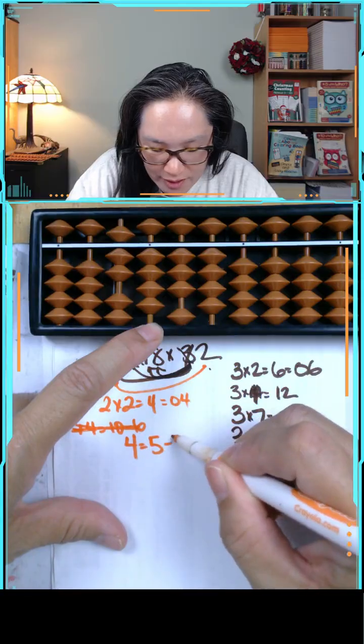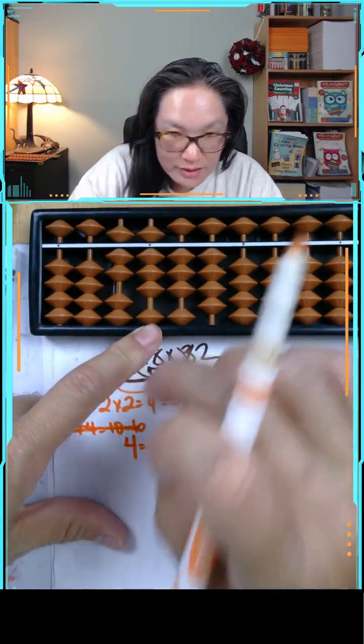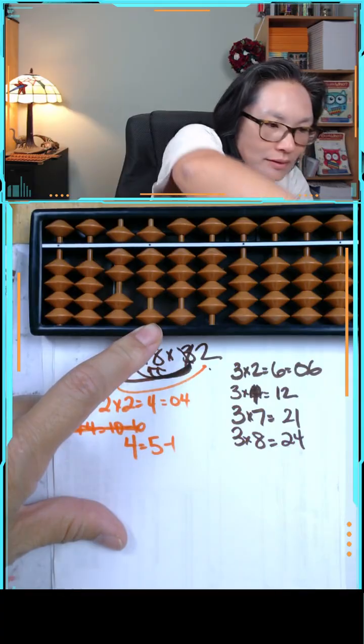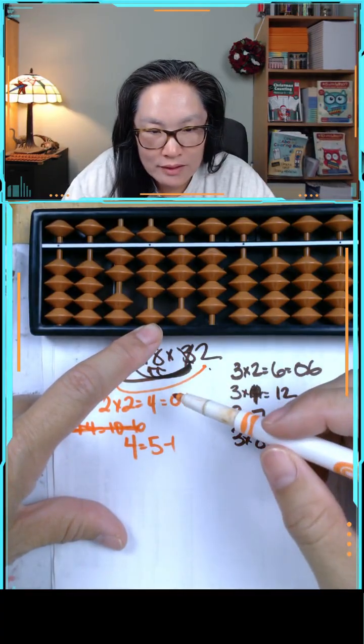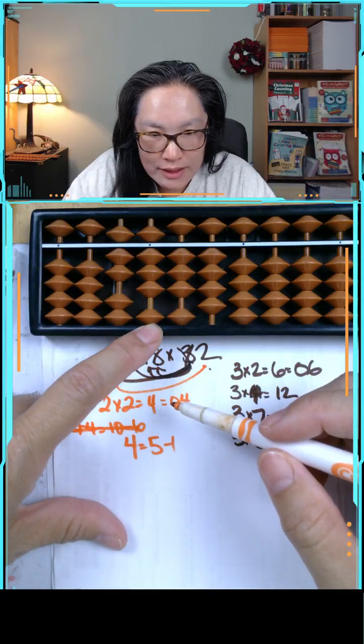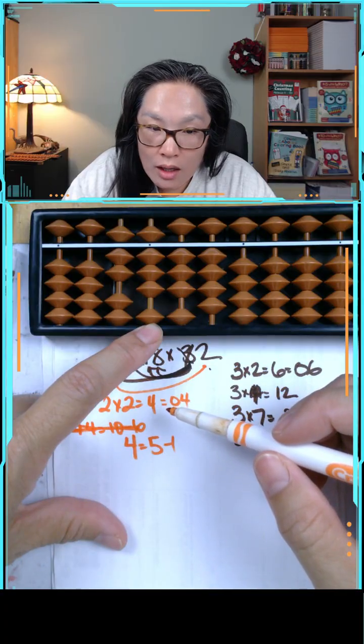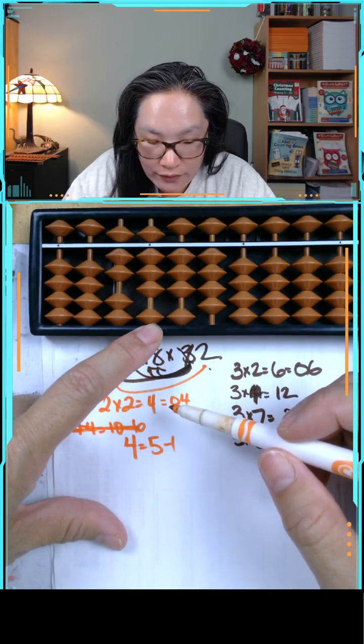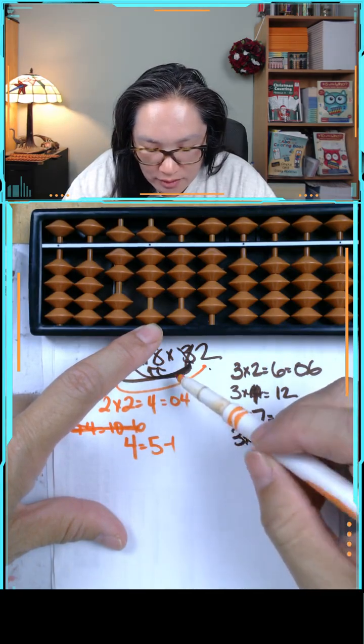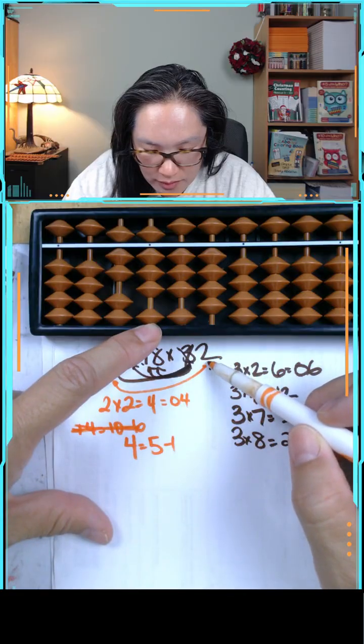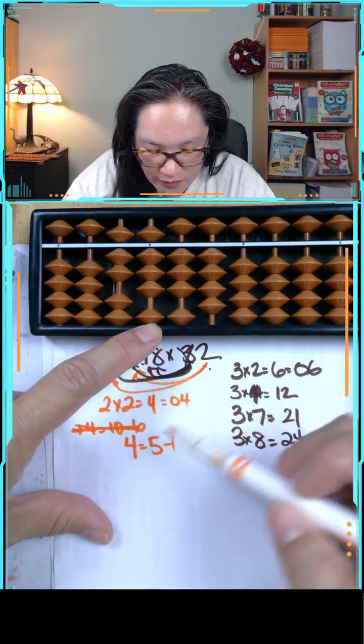Plus the 5 minus the 1. Next row to the right. 5 down. Yes. Good. So then we do 2 times 4.